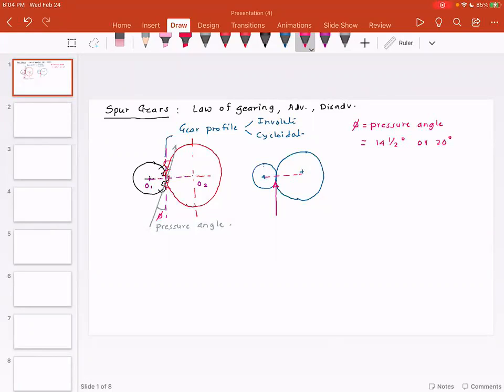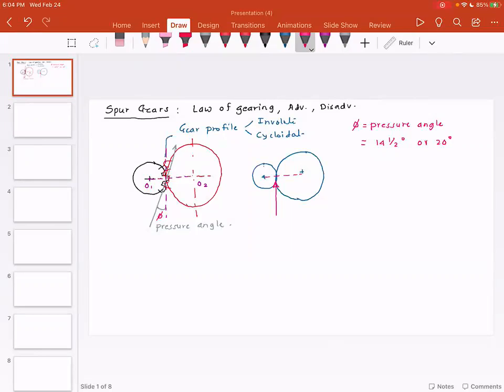And the reason for the pressure angle is, since we have this gear profile that has a certain geometric relationship, if you were to draw the line of action of force that is being transmitted from the driving gear to the driven gear, you will notice it is at that angle.